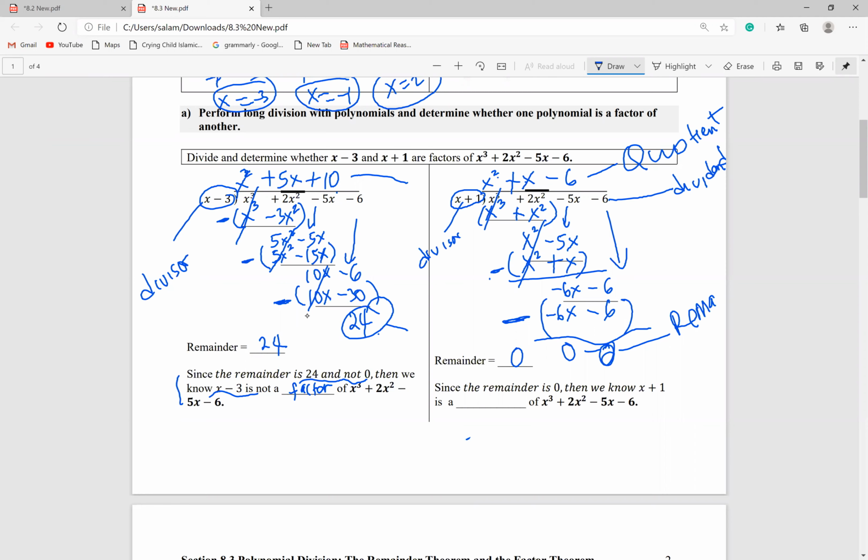Okay, so since the remainder is 0, then we know that x plus 1 is a factor. And that is how to do long division. Any question on that before I proceed?